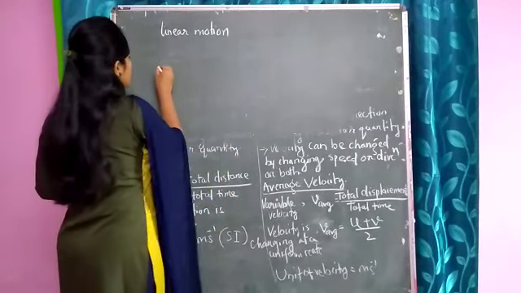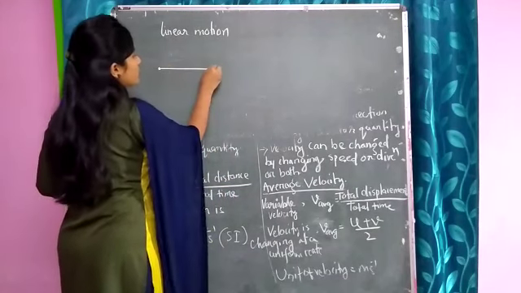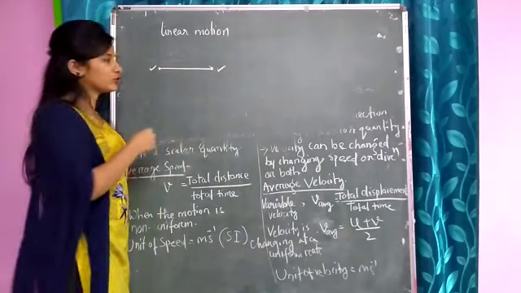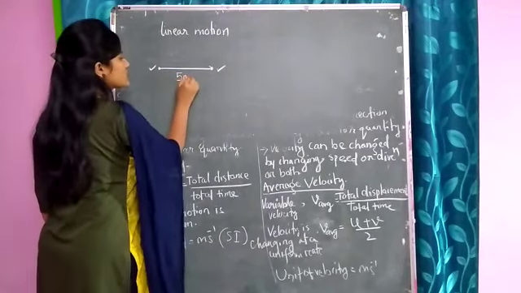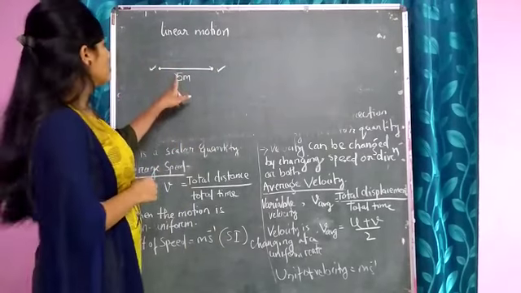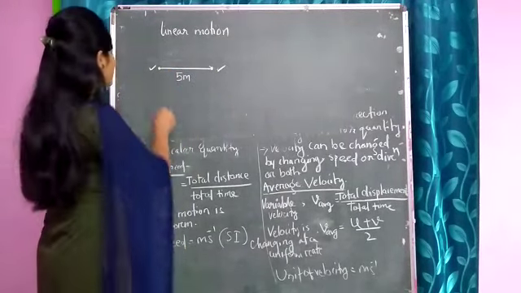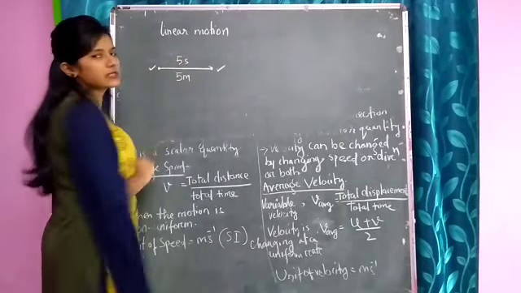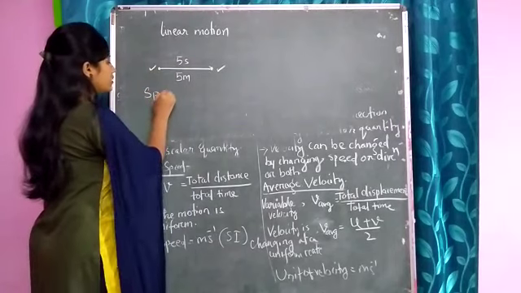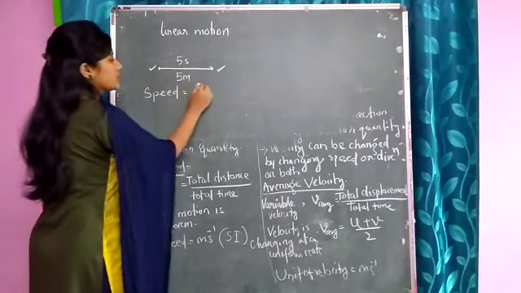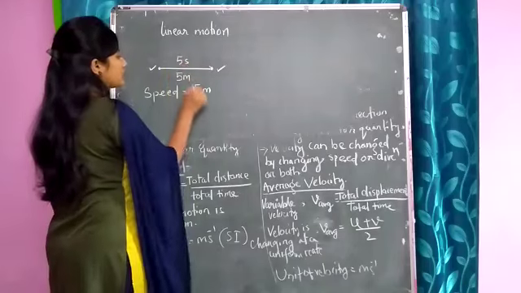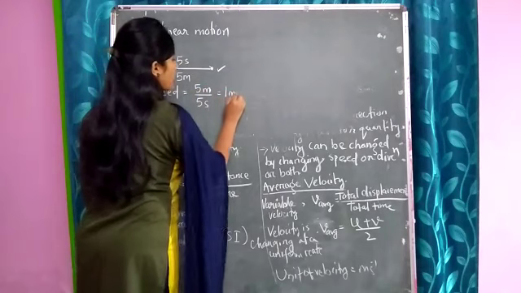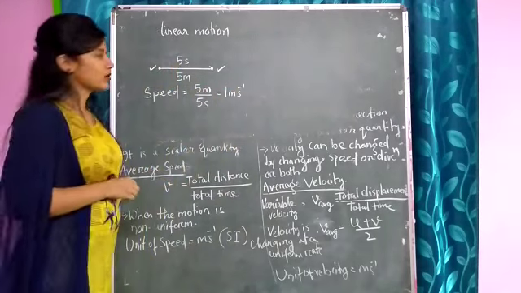Suppose a body is moving from here to here. This is its initial position and this is its final position. What is the distance travelled by it? The distance is 5 meter, in suppose 5 seconds. So what is the speed here? The total distance is 5 meter and the time is 5 seconds, so the speed will be 1 meter per second.